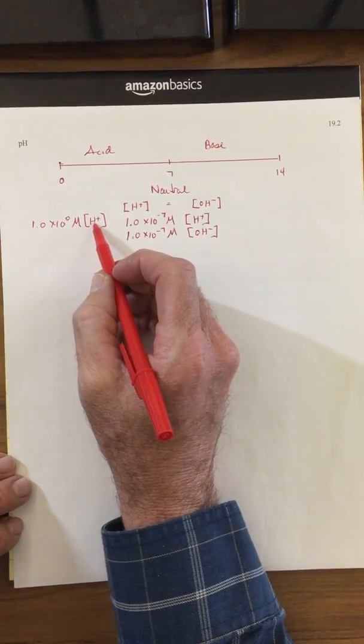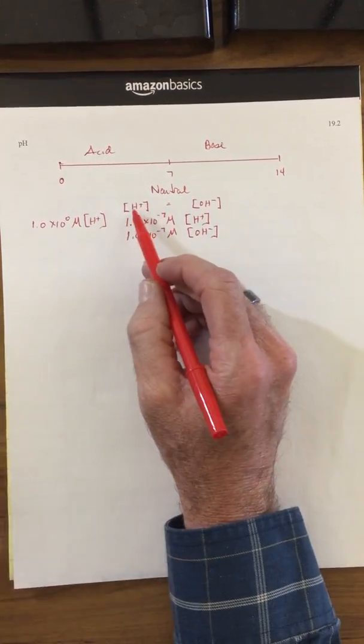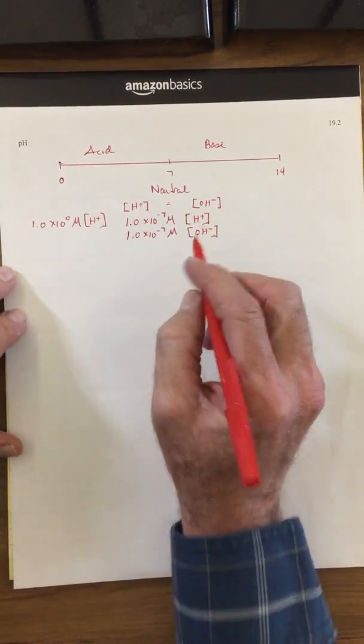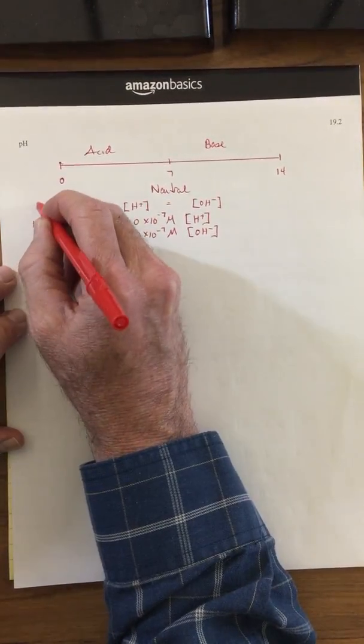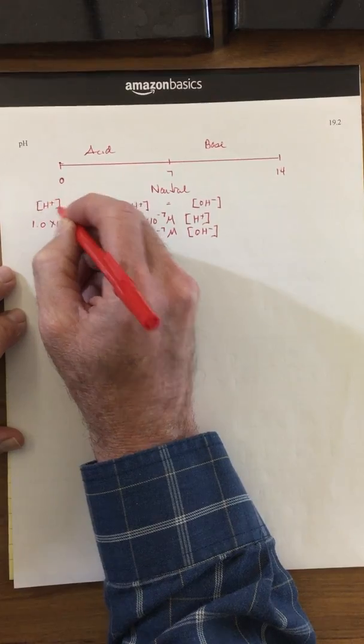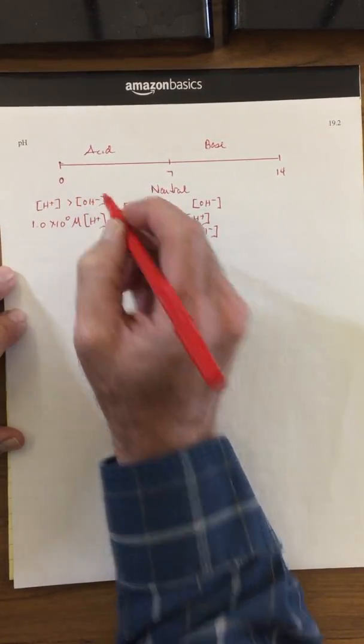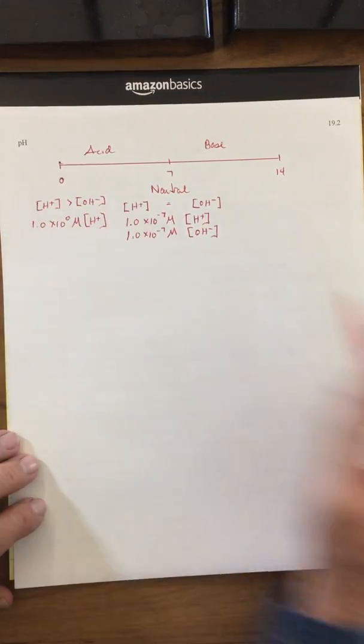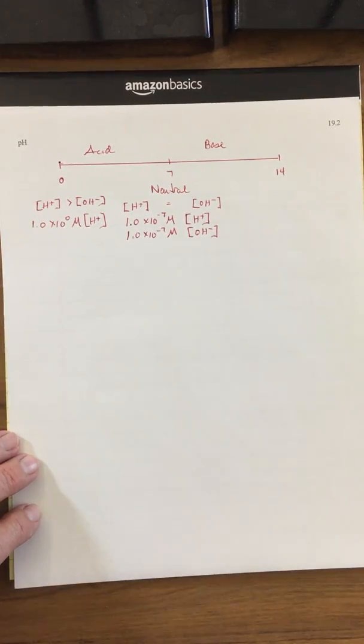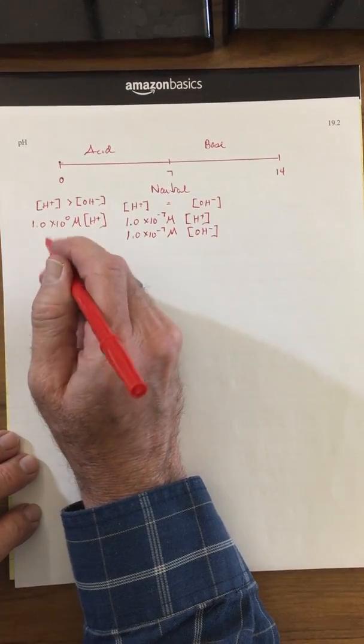So the concentration with an acid: when you have an acid, the H+ concentration, if you remember, is going to be greater than the OH minus concentration. To be acid means we have more acid. Well, what is the OH minus concentration going to be here?